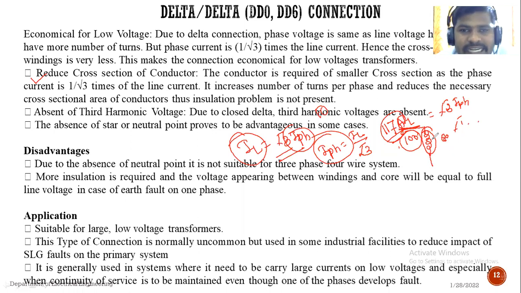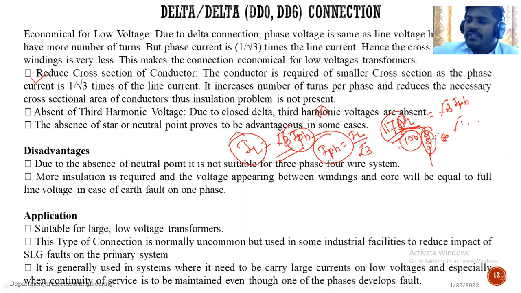So the conductor required is of a smaller cross section, as the phase current is 1/3 times that of line current, and it increases the number of turns per phase and reduces the necessary cross sectional area. The necessary cross sectional area will reduce, number of turns will increase, and thus the insulation problem will not be present. The insulation problem will also not happen.